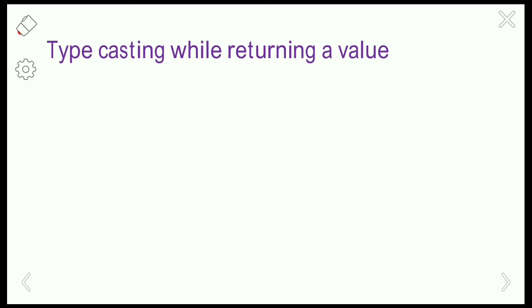Similarly, typecasting can be done while returning a value. For example, int product of void, return 2.5 into 3.0. Here the product of the two numbers, 2.5 and 3.0, is in float format, but the return type is integer.